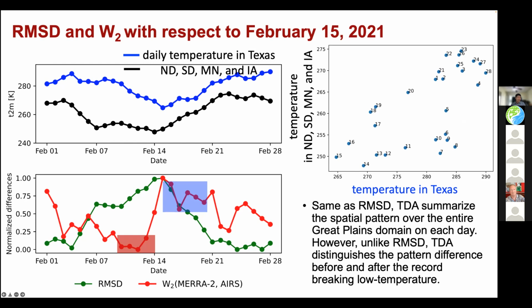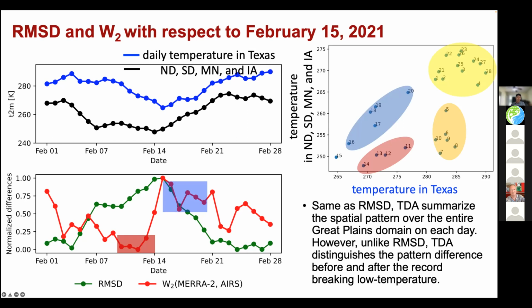And this is now a scatter plot of daily temperature. The x-axis is daily temperature in Texas, and this is temperature in the northern Great Plains. And these numbers are days in February in 2021. Here, I did a really quick and dirty clustering. I didn't do any calculation, just made these circles and grouped by date.